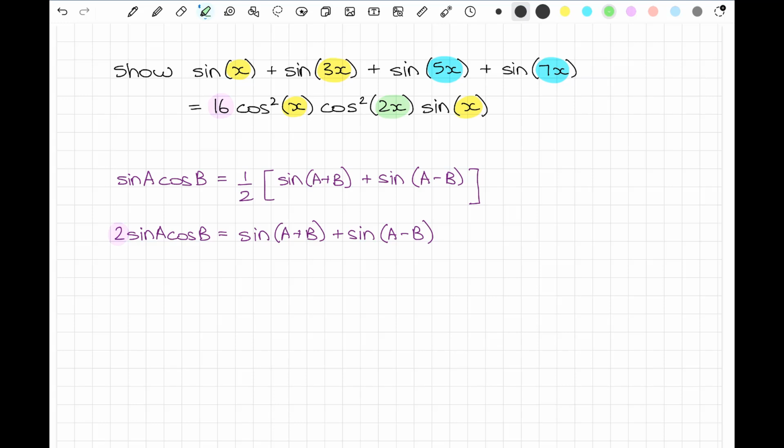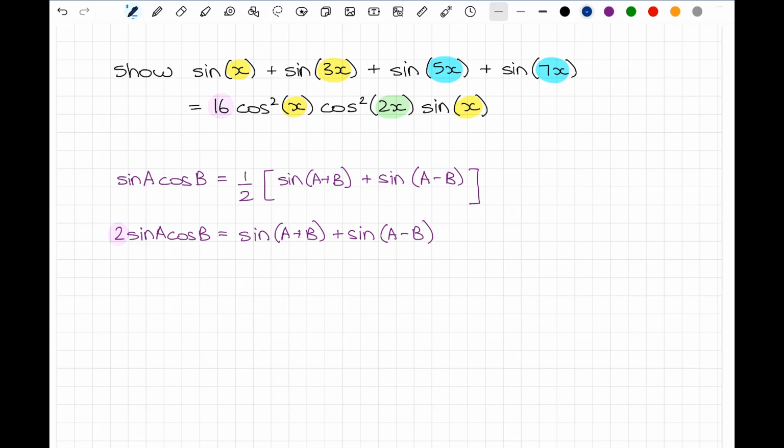Through that little tweak, I've now moved to only angles, inputs that are either x or some multiple of 2x. And so that's going to be where we begin.